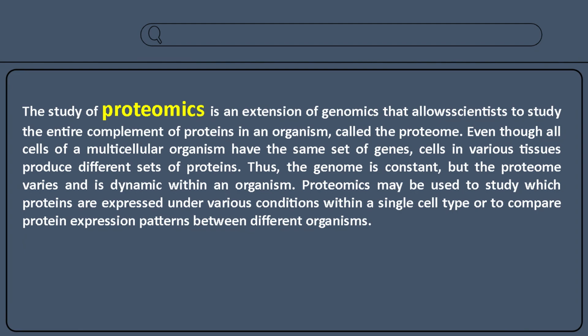This method enables the identification and quantification of thousands of proteins simultaneously, providing a comprehensive view of the proteome and how it changes in response to different conditions or stimuli.